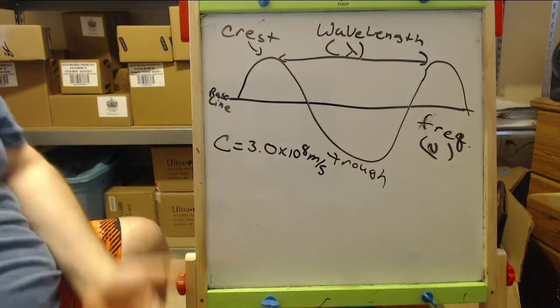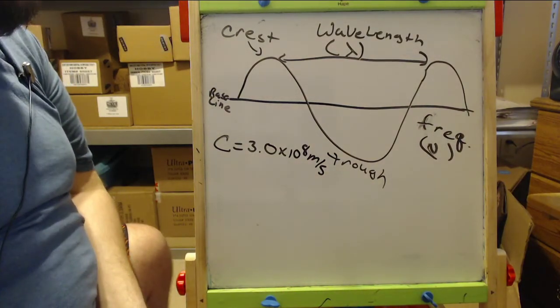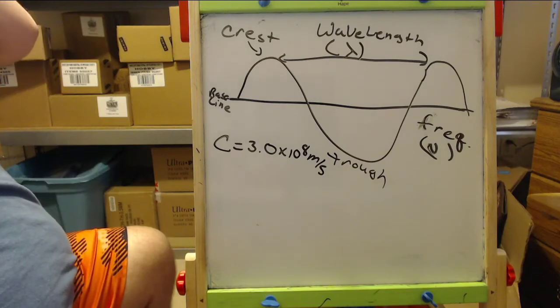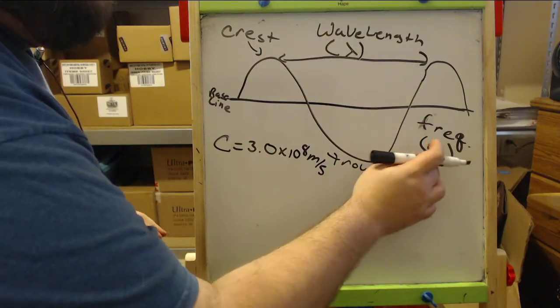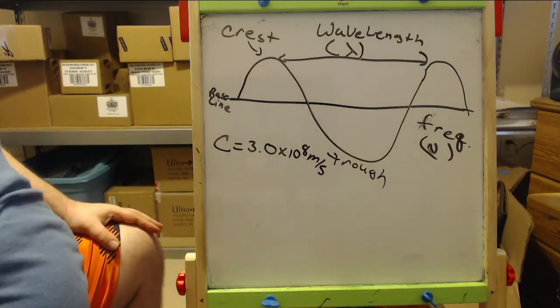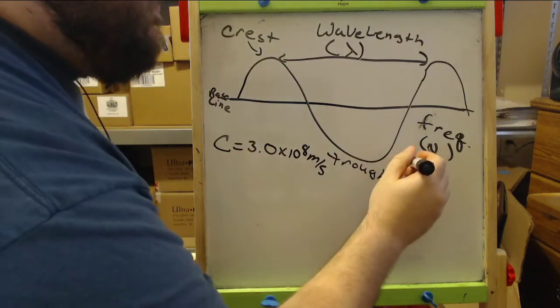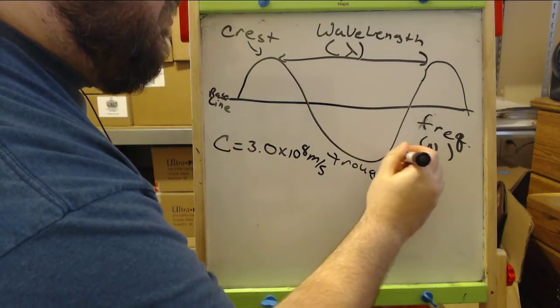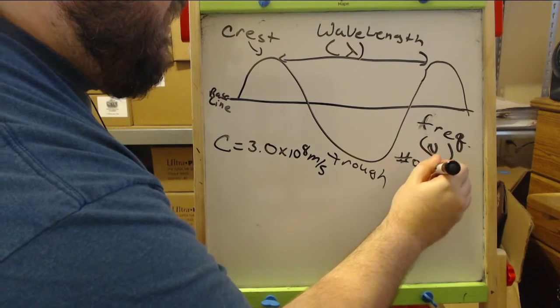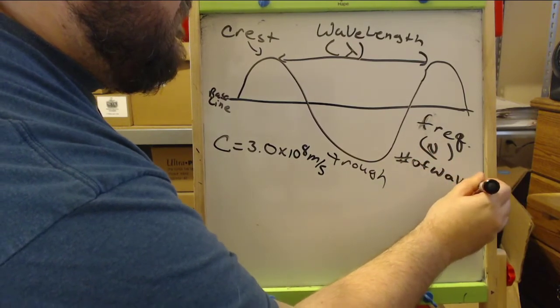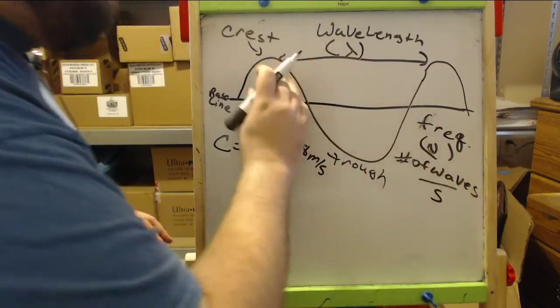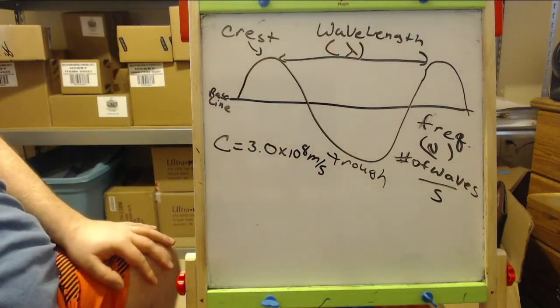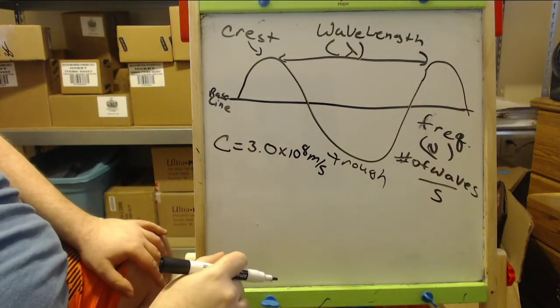It's kind of like an italicized slanted V. So this is lambda, this is nu. Okay. And what frequency measures is the number of waves in a given second.